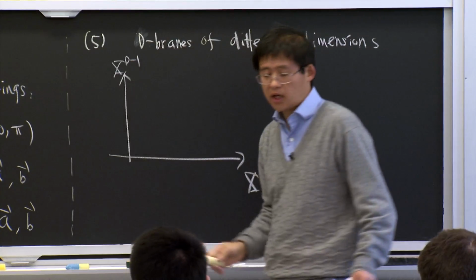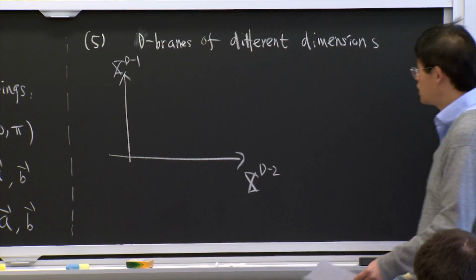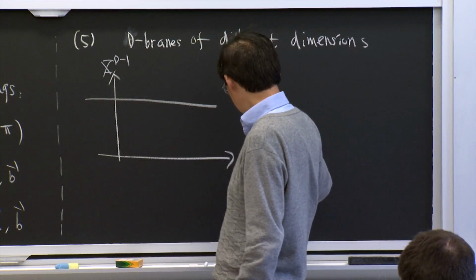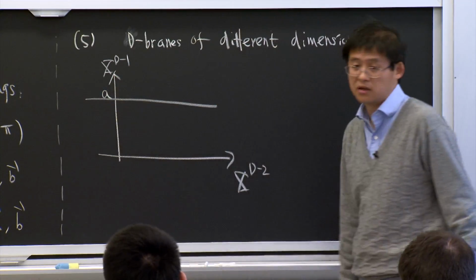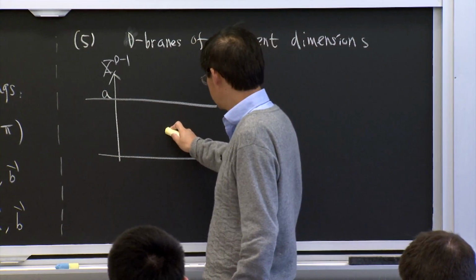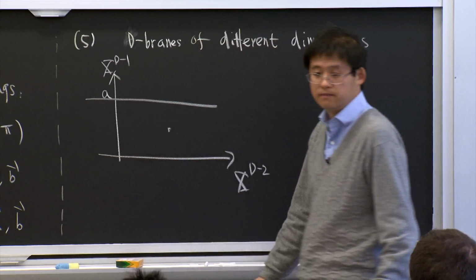And let's suppose all the other directions are in the Neumann direction. So let's consider 2 kinds of branes. One is extended in the d minus 2 direction, say at some value of d minus 1. And let's consider another brane which is localized in both d minus 1 and d minus 2. Okay?